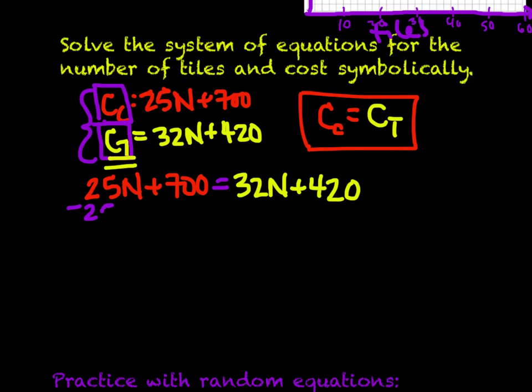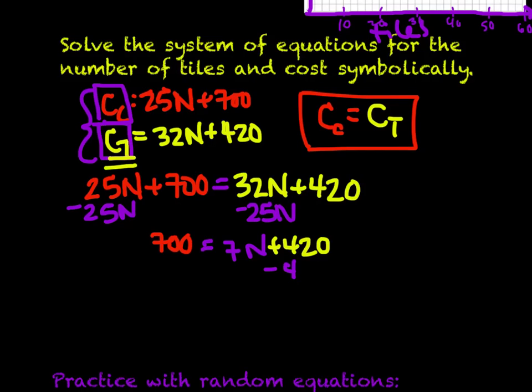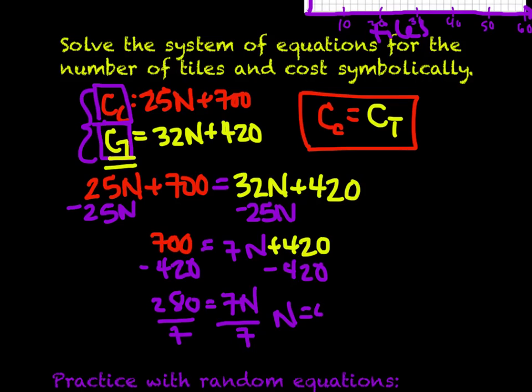So we're going to subtract 25n from both sides, and we'll end up getting 700 is equal to 7n plus 420. Now we're going to subtract 420 from both sides, and we'll get 280 is equal to 7n, divide by 7, so we get n is equal to 40.